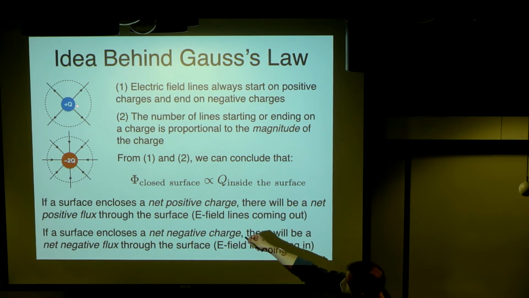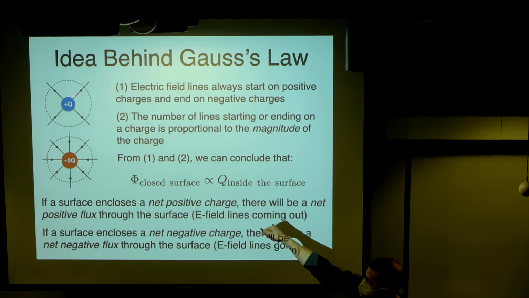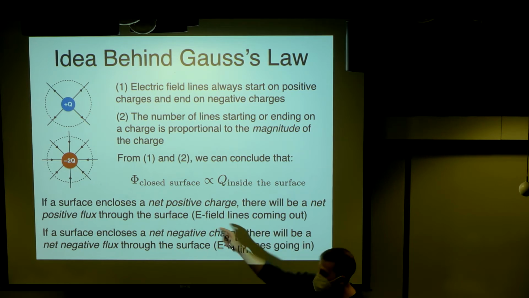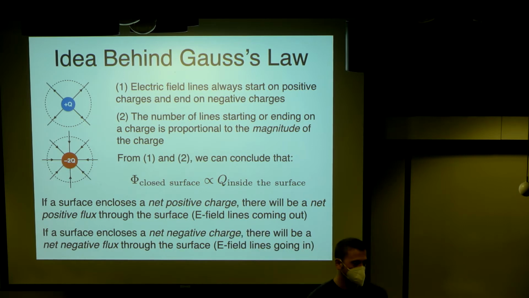Now, what kind of flux do I have in this case? Positive or negative? It's positive because the E field lines are coming away from the positive charge and they're going out of the surface. So we've already seen that that's positive flux, right? And I have a positive charge on the inside, don't I? What about in this case? I have what kind of flux?